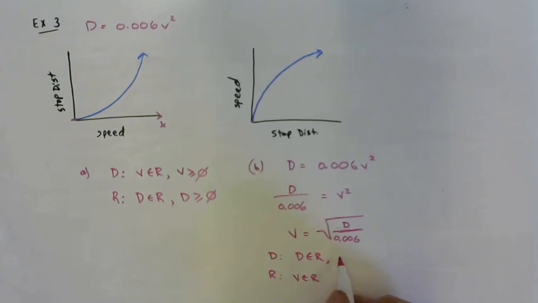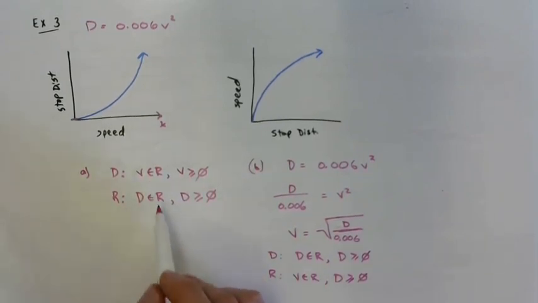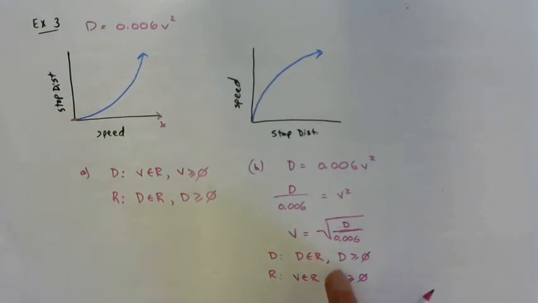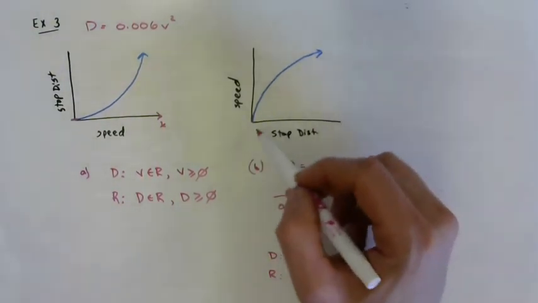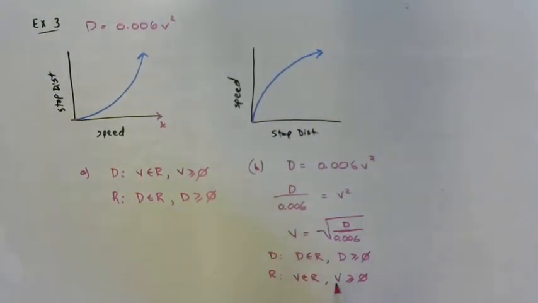What are the restrictions? There are a couple of ways you can think about that. They're just the original flipped. And the other way you could do it is just look at the graph and you're in the same situation. D and V are both greater than or equal to 0.